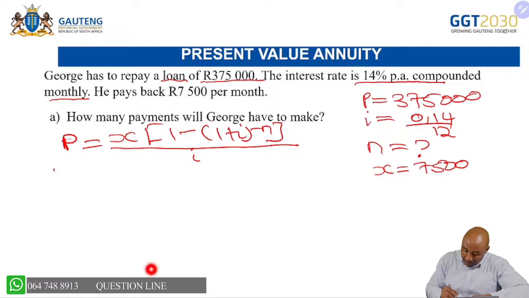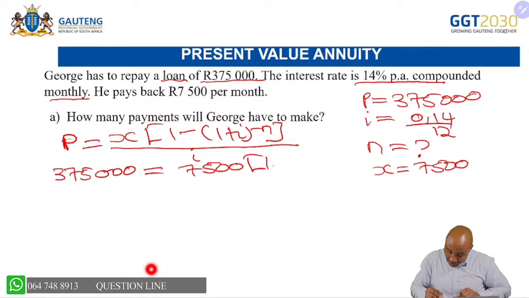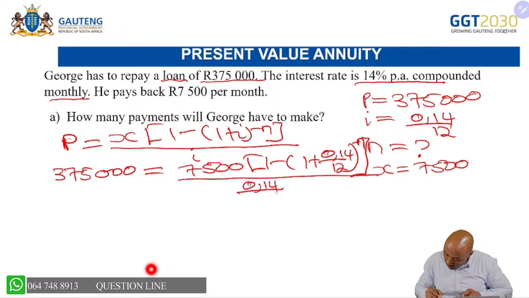We do the substitution. 375,000 is equal to 7,500 times 1 minus 1 plus 0.14 over 12 to the power negative N, close bracket, all over 0.14 over 12.